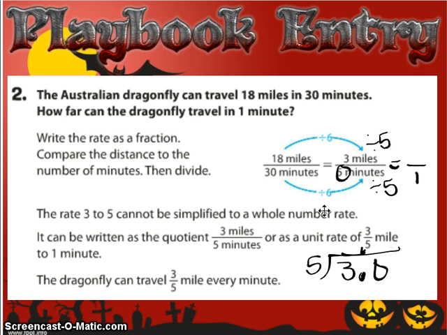And we put our copy of the decimal at the top of the quotient. So now I have 5 into 30. 5 into 30 can go in 6 times for an even amount of 30. So my answer is actually 0.6 in 1 minute. So basically 0.6 miles in 1 minute, or 6/10 of a mile in 1 minute, is 3/5. So 6/10 equals 3/5. So it is the same.